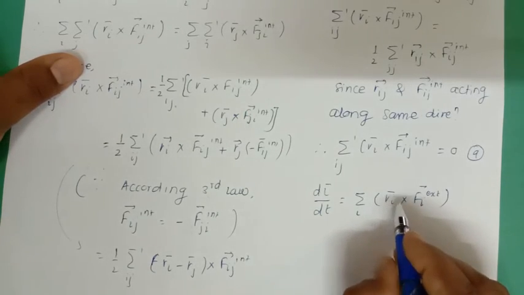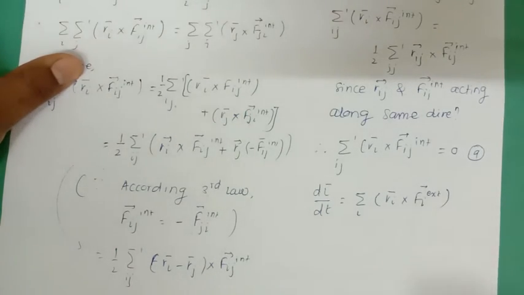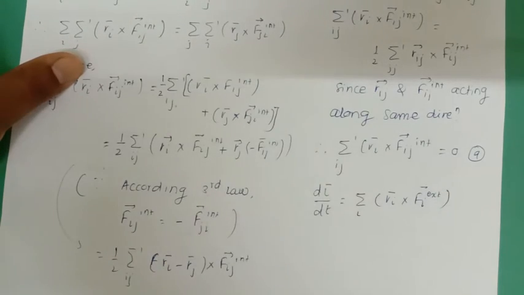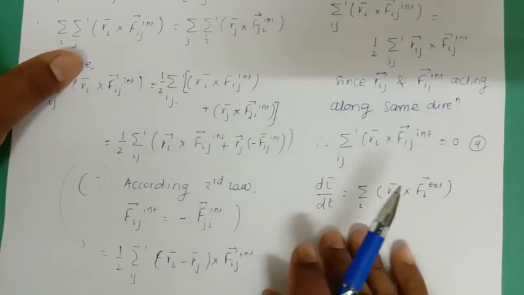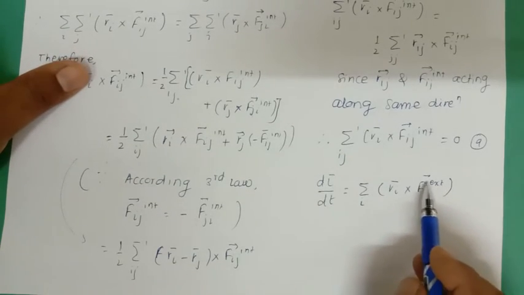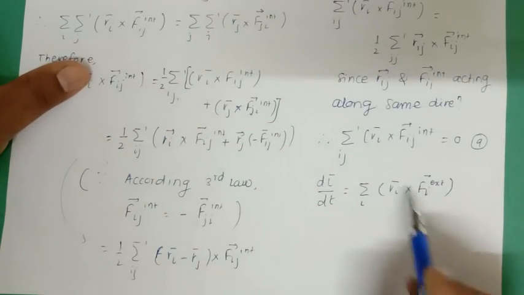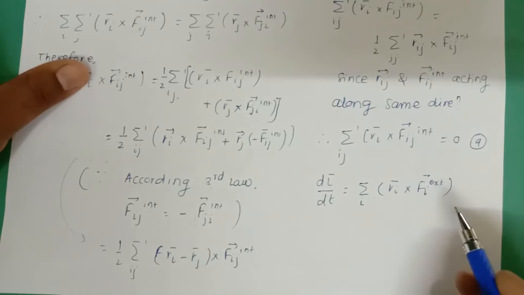Ri is the position vector of the ith particle and Fi is the external force acting on the ith particle. So R cross F, what is this? It is the torque acting on the system. Since the force is external, this quantity can be represented as the external torque acting on the system.